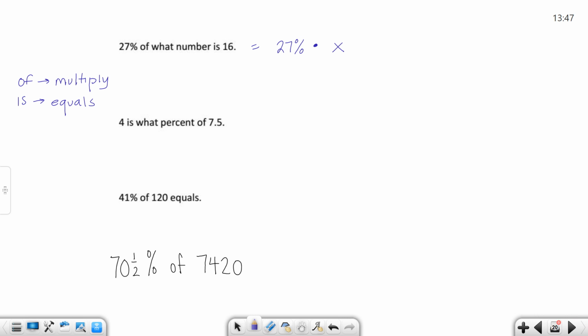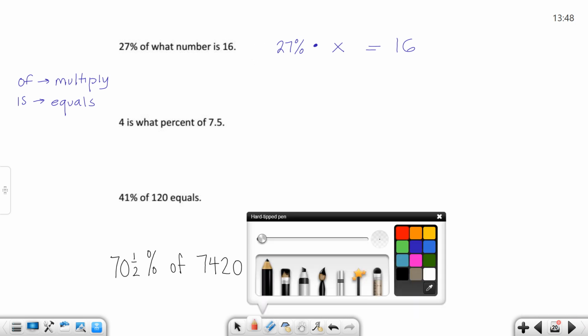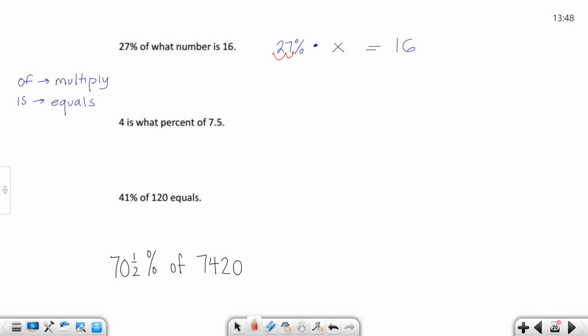What number? I don't know the number, so I'll put equals, is 16. Now using math, we can't work with a percent. So remember, to fix this percent, we're going to move it 2 places, and it's going to be 0.27 x equals 16.